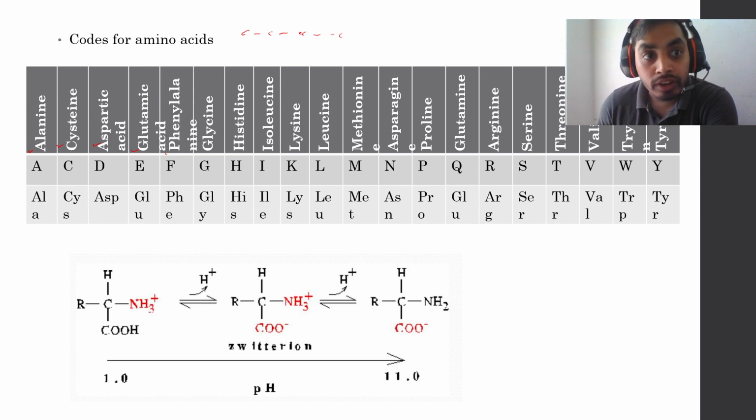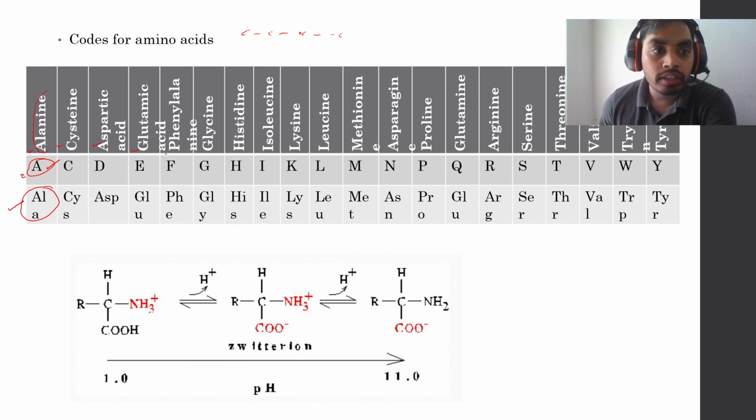So to simplify this problem, every amino acid has been assigned a single letter code and a three letter code. Depending on the ease, we use any one of these.